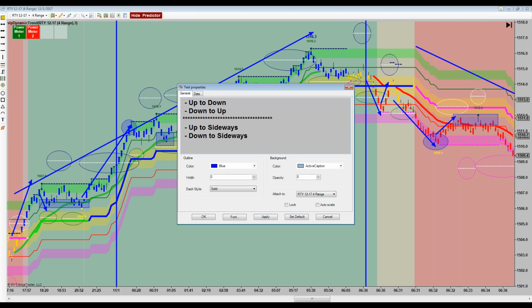Whenever you're trading any instrument, we never ever, or extremely rarely, let me put it this way, buy or sell thrust moves.